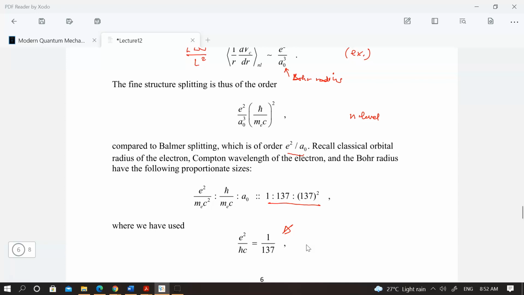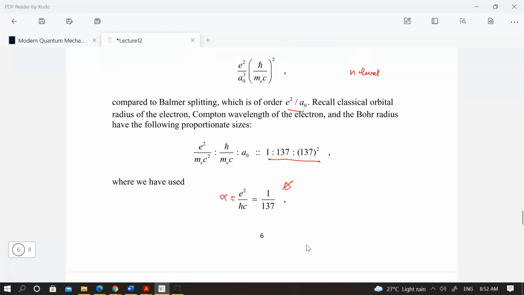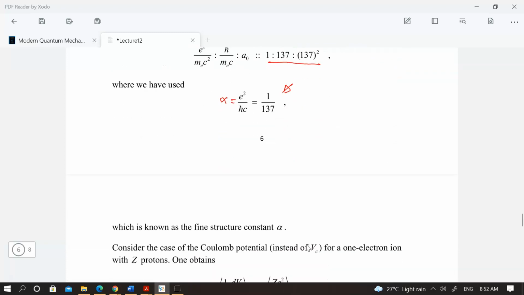Okay, I'm not showing you in the full notation, but these are actually given in the more advanced, well, I mean this is already advanced. If you see the text for advanced quantum mechanics, this is known as the fine structure constant. I think I've mentioned that somewhere. So that fine structure constant sort of determines the fine structure splitting, and you can see that that is quite small compared to, say, the Bohr radius.